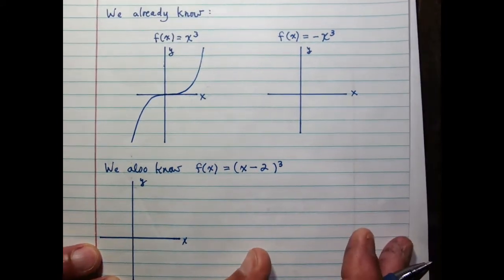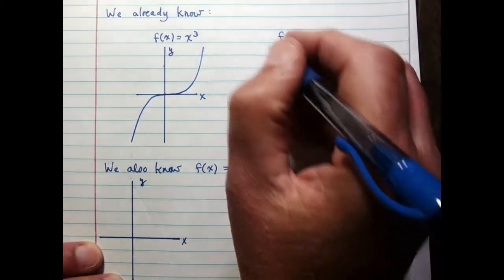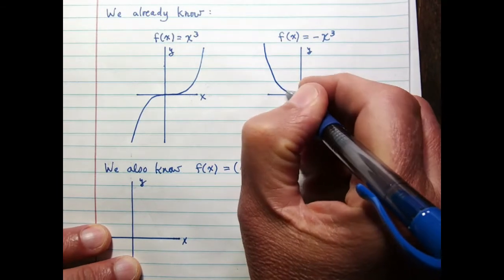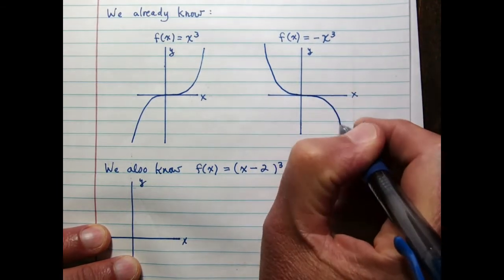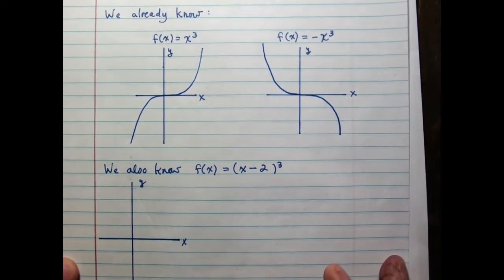We're real comfortable with that now. If we see minus x cubed, we know we're reflecting through the x-axis, so we get a shape like so.